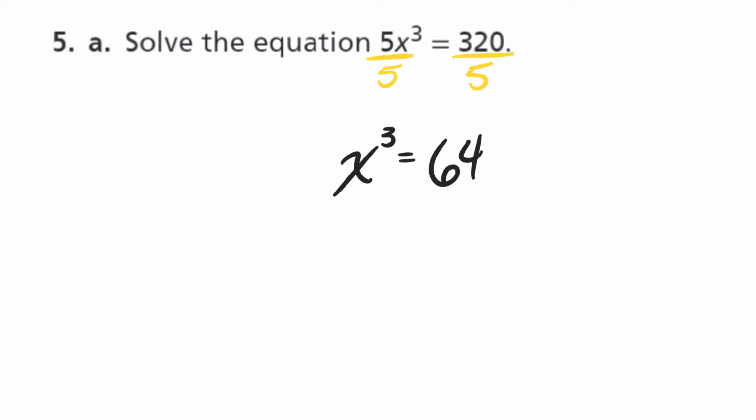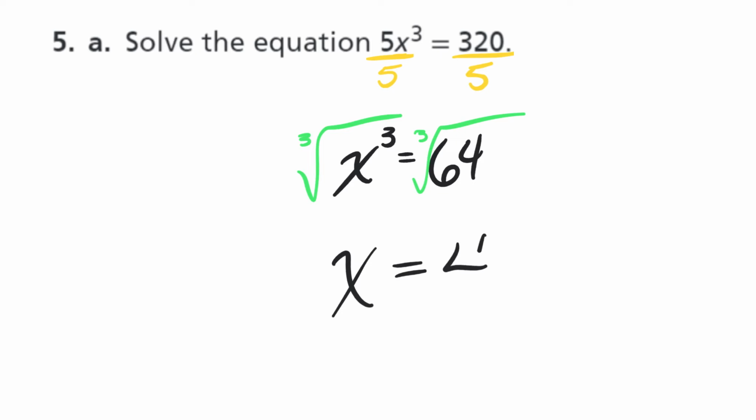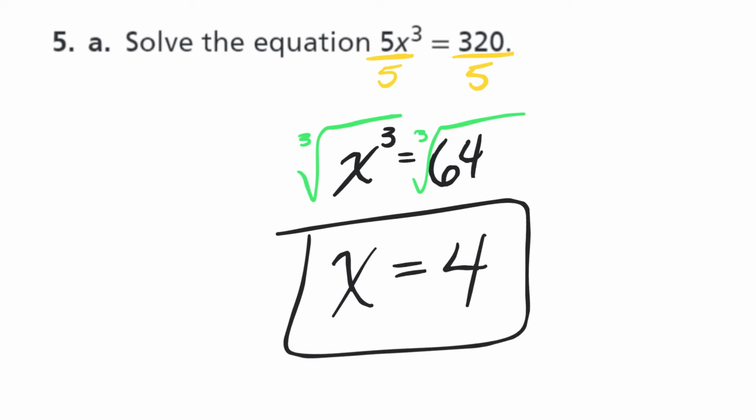So the way we get rid of the cube is to use a cube root. What we do to one side, we have to do to the other. So the cube root of x cubed is x. The cube root of 64 is 4. So this is how we solve radical expressions.